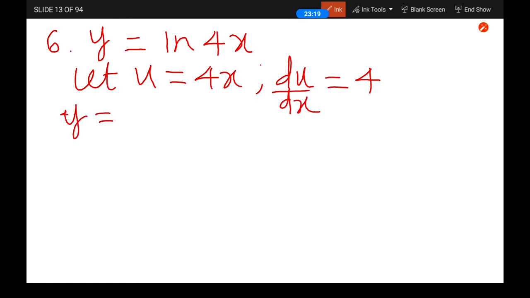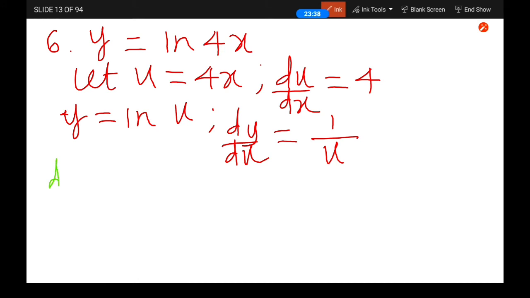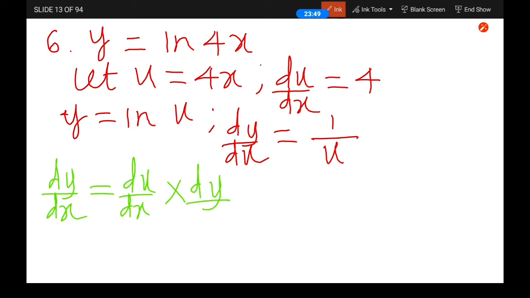Such that y will now be what? Ln u. So we are going to be having dy du. So dy du in this case becomes what? Remember, if we differentiate ln x, that is 1 over x. So ln u becomes what? 1 over u. Such that dy dx, using the same formula, will now be du dx times dy du.